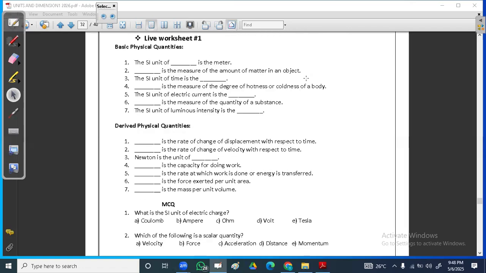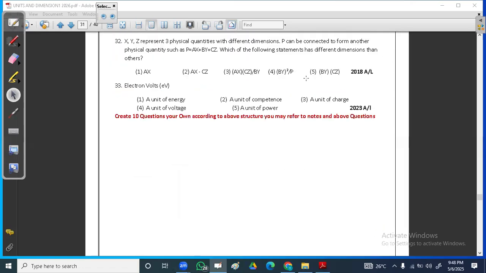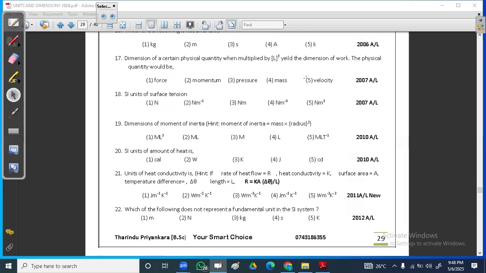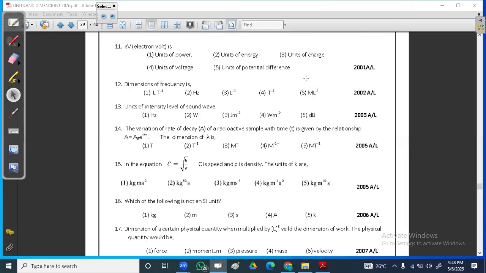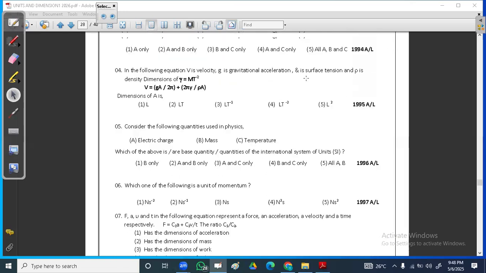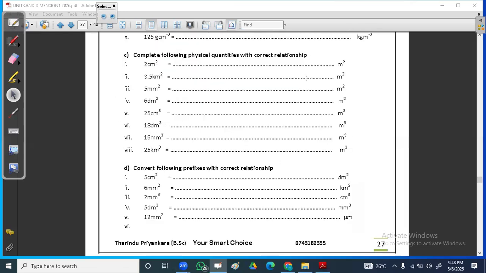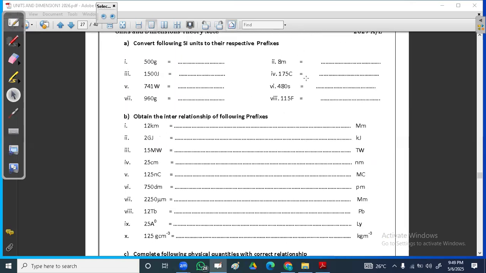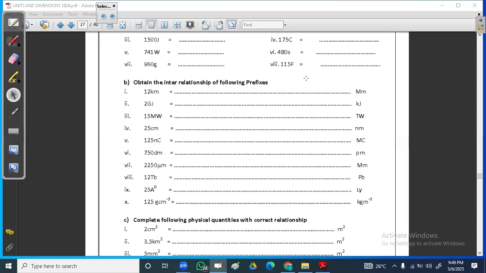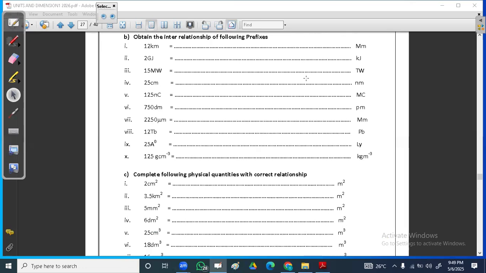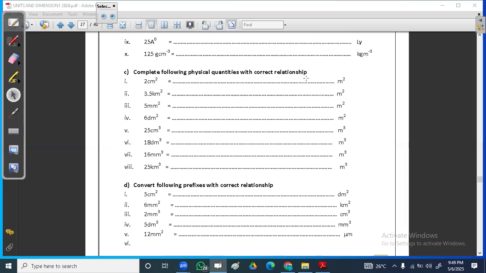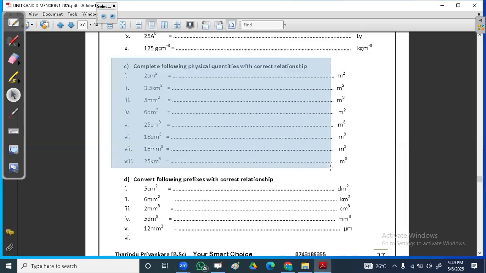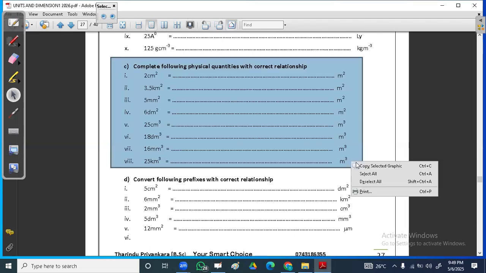Let's go back. This is very simple. I'm not going to ask. But this part, let's try this part and finish it.